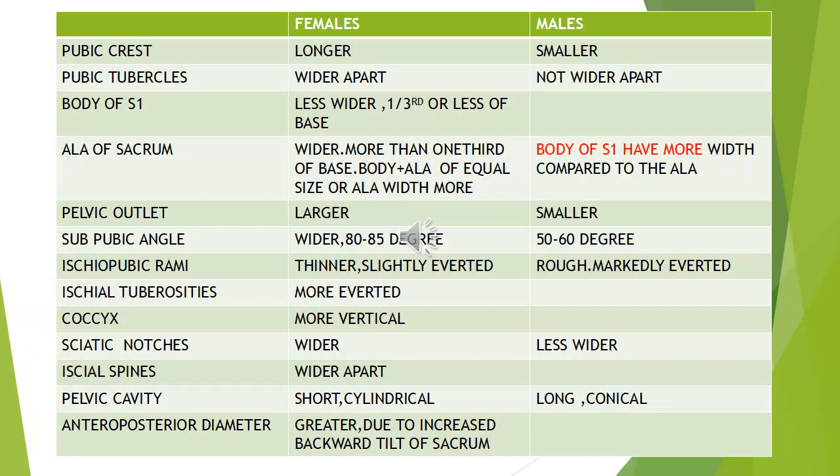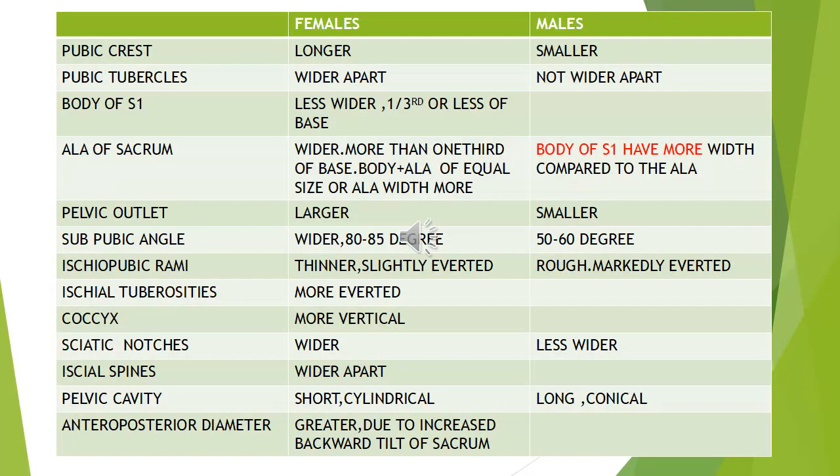You can see that the outlet is much larger in the case of female than in males. And the subpubic angle, that is between the two rami of the pubis, is wider, around 80 to 85 degrees in the case of female. It is less in the case of male, only 50 to 60. If you consider the ischiopubic rami, it is thinner and slightly everted in the case of female.